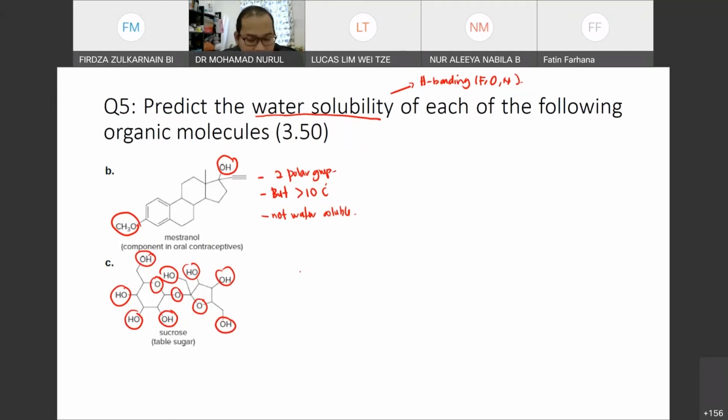It's around 11, and they have a high opportunity to make hydrogen bonding with water.